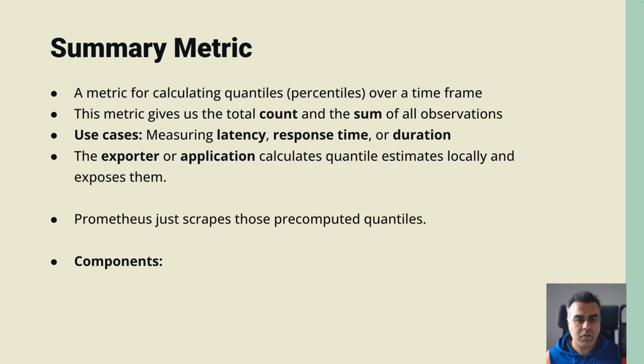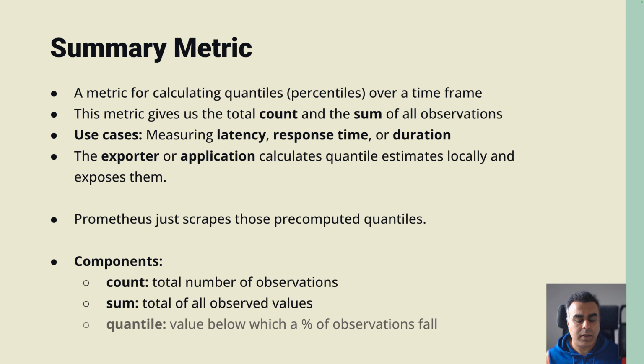And the summary metric has 3 components, so it's not just one metric. It has the count, the sum, and the quantile. As I mentioned in the example, for instance, in 2 minutes there were 2000 requests. So the number of requests is 2000, and the sum can be 2 minutes.